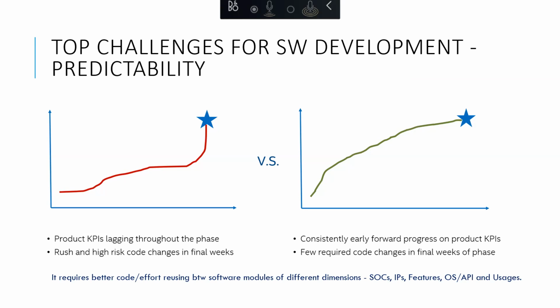Well, at the right side, you can see a predictable software development. It is reflected by consistently early forward progress on product KPIs, and we will see only a few required code changes in the final weeks of each phase. So of course, if we can have our software development be predictable, it will greatly shrink our software development cost.